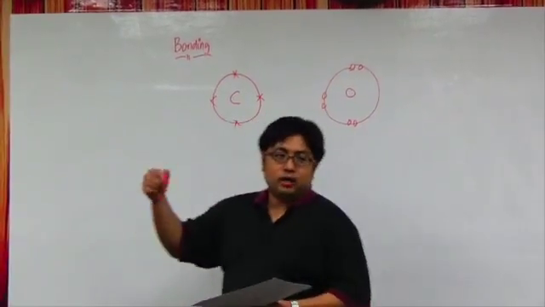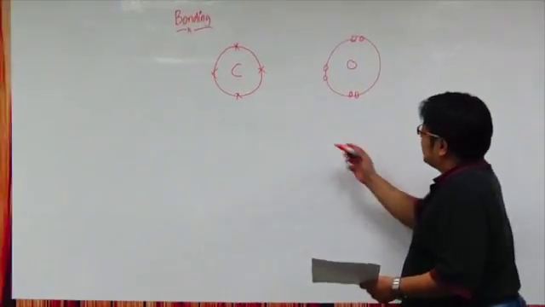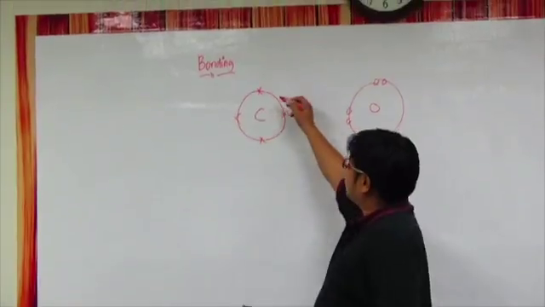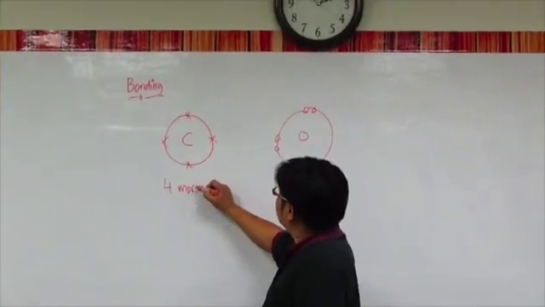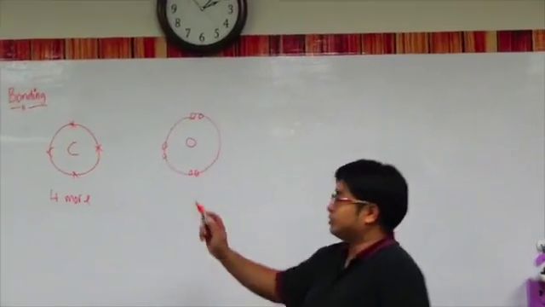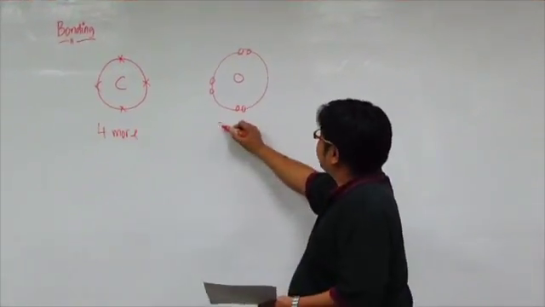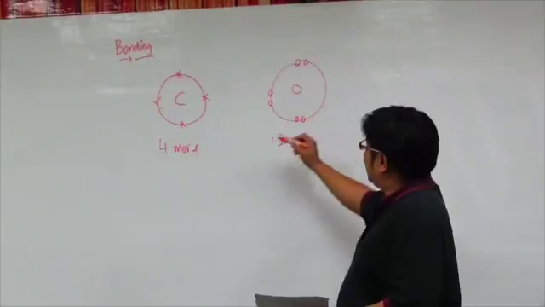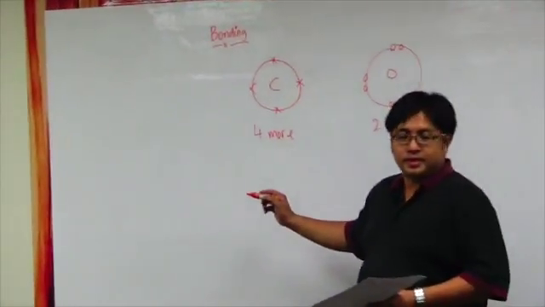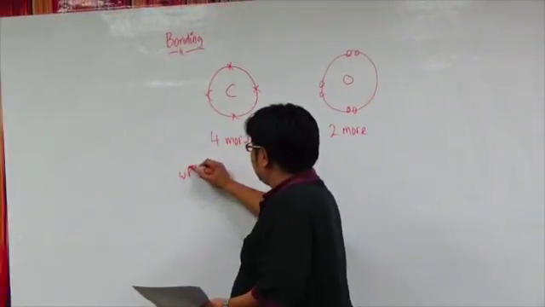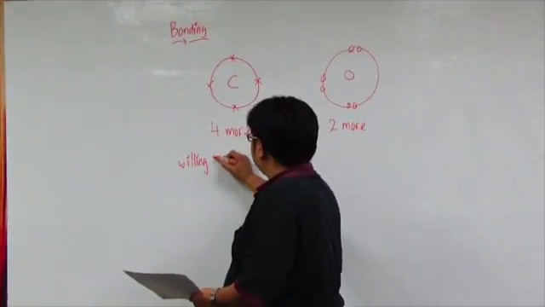Okay, let's recap on how we form covalent bonds. How many does this carbon need to become stable? 4 more. How many does this oxygen need? 2. So how many is this carbon willing to share? Willing to share 4.